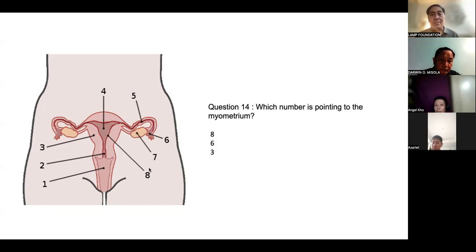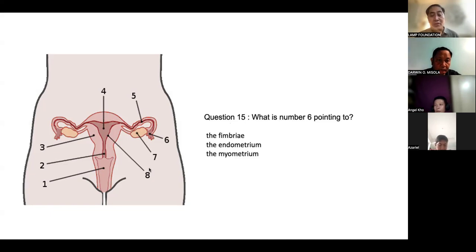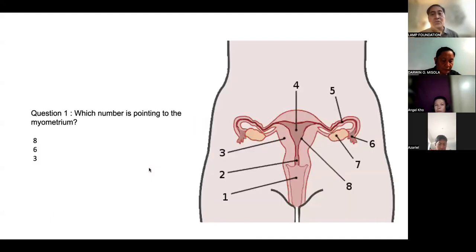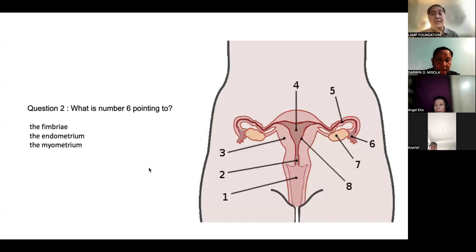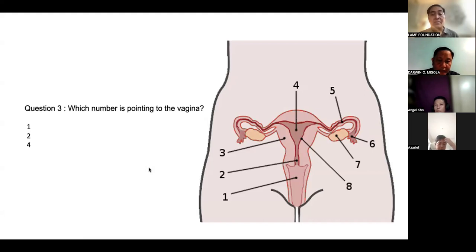Which number is pointing to the myometrium? Number 3. What is number 6 pointing to? The fimbriae. Which number is the vagina?